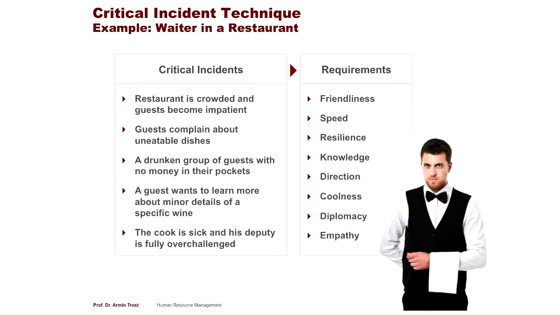But if you really want to understand what are the critical requirements for a waiter, you must look at the critical incidents. What is that? A critical incident is a moment, a situation, a problem, a challenge that is extreme. This is a situation where the probability to fail is very high, but if you win, you are great. So it is a significant moment.